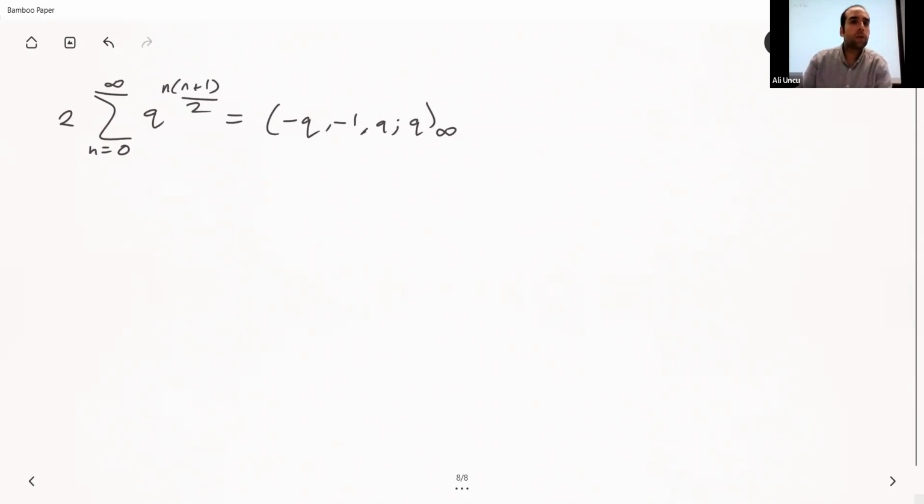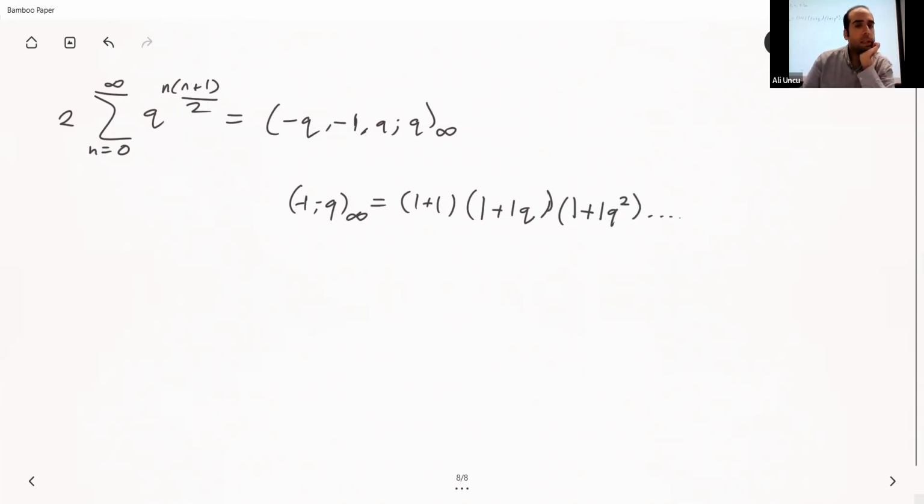What is minus 1 base q sub infinity? Or what is the first term of that? Let's focus on that. So minus 1 q sub infinity is 1 minus minus 1, then 1 minus minus 1 times q, 1 minus minus 1 times q to the power 2, so on and so forth, right? So this first term is 2, and the rest is just 1 plus q, 1 plus q squared, 1 plus q cubed, 1 plus q fourth.